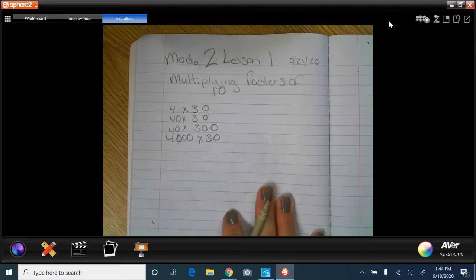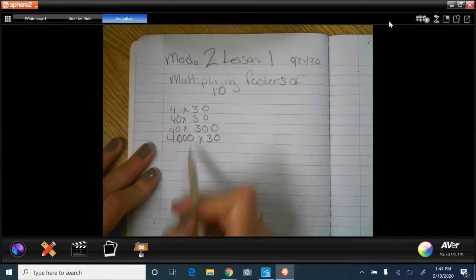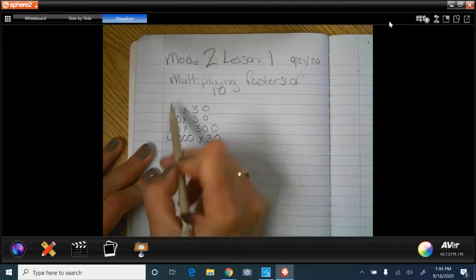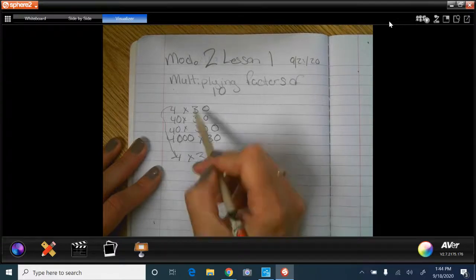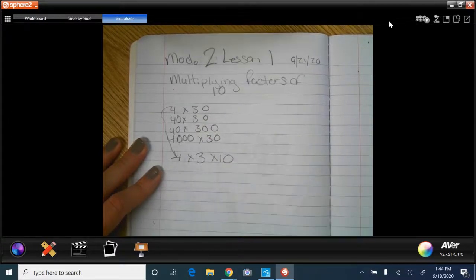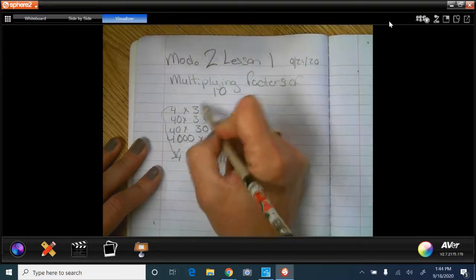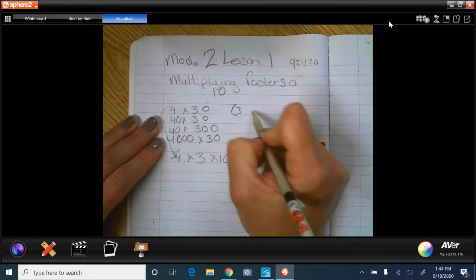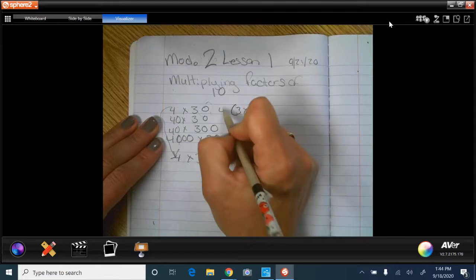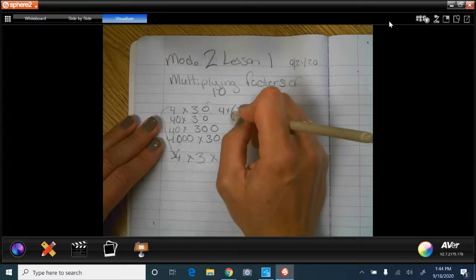So if I start with just the 4 times 30, if I wanted to find the product, what we talked about in the previous lesson is all I really need to look at. If I split this up, I have 4 times 3, and then I have to do times 10, right? So my 4 went here, my 3 went here, and then this 0 really means it's times 10. So I just took my 30 and I turned my 30 into 3 times 10. So I ended up with 4 times 3 times 10, right?